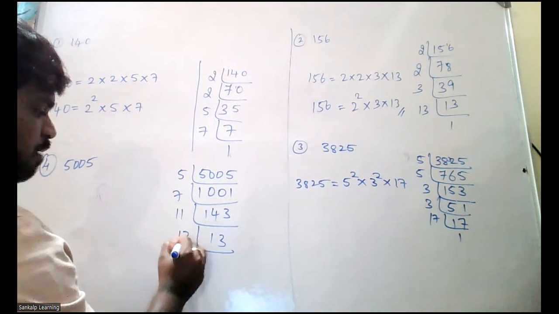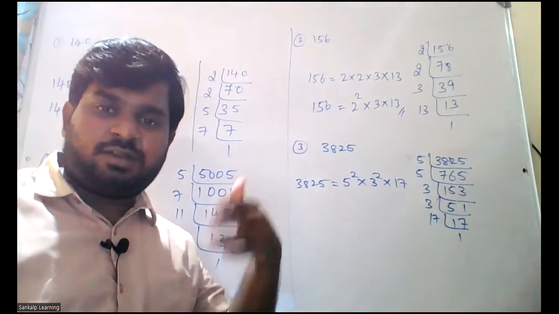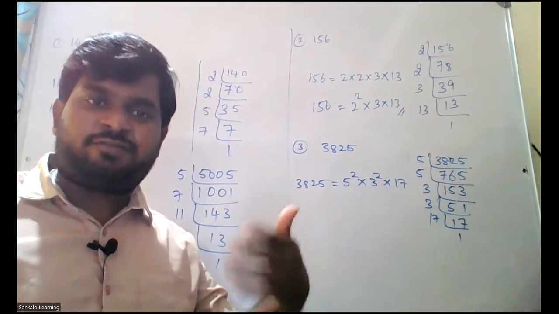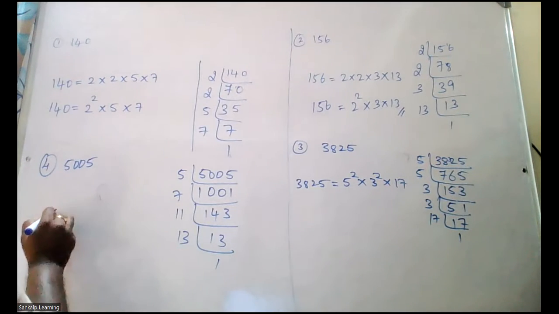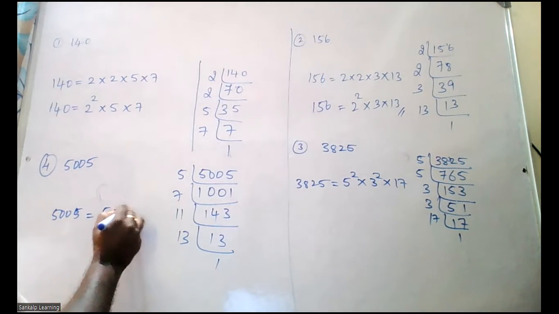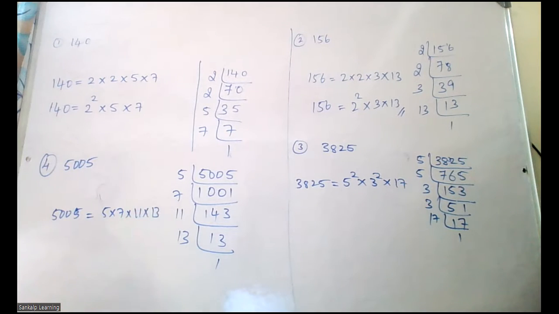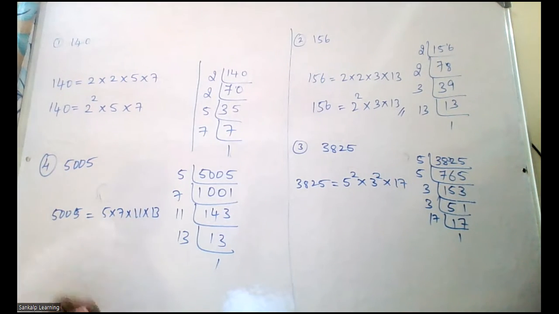Now 13 itself is a prime number. So you have to check one after the other. Is it divisible by 2, 3, 5, 7, 11? You have to check it. So 5005 can be written as 5 into 7 into 11 into 13. This is the prime factorization of the given number.